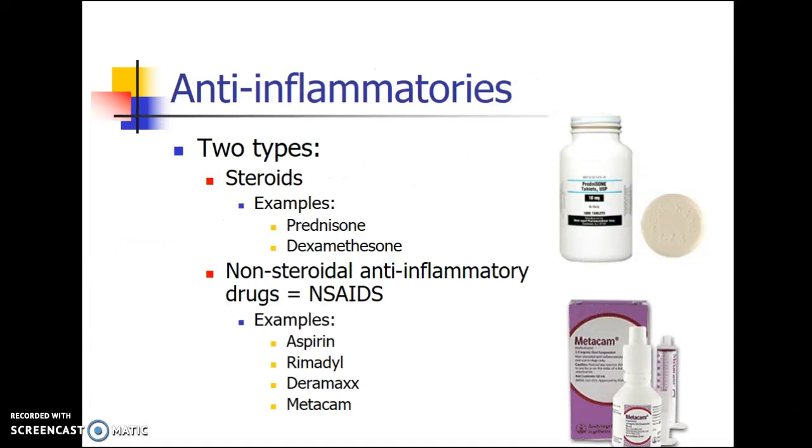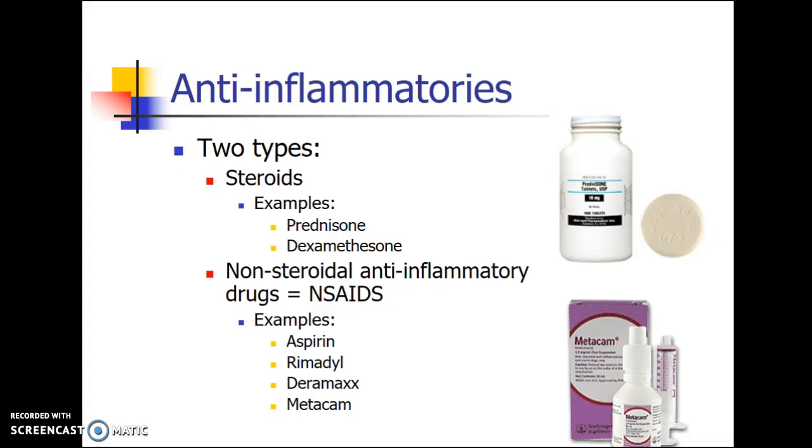So anti-inflammatories are divided into two different types, and I've talked about one, steroids, to be used topically for that dog's paw. Some examples are prednisone and dexamethasone. Cortisone is a topical one that's in a lot of ointments that we use to treat things topically. We don't use a whole lot topically, right?